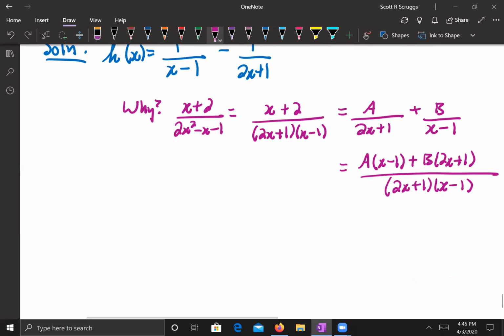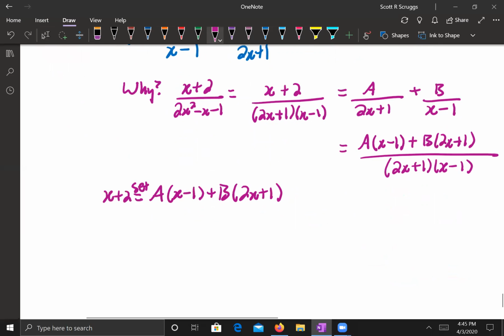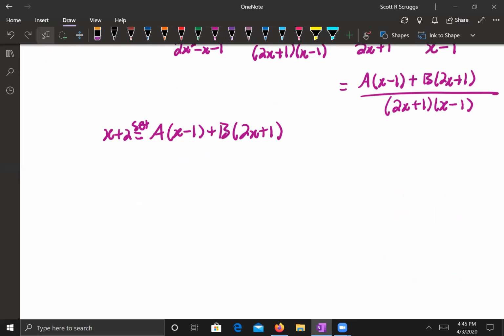All right, and now we set the x plus 2 equal to a times x minus 1 plus b times 2x plus 1. I'm going to use method 1, which means I'm just going to pick a value that makes one term 0. I'm going to plug in 1 because I know that makes the a part 0.